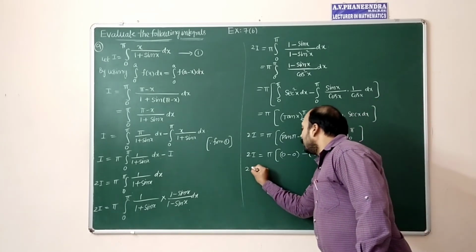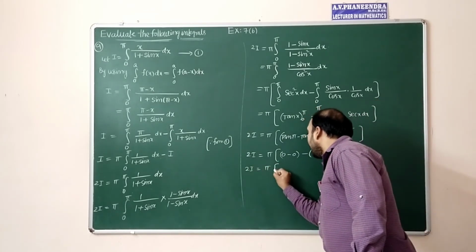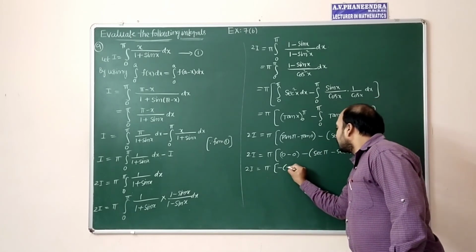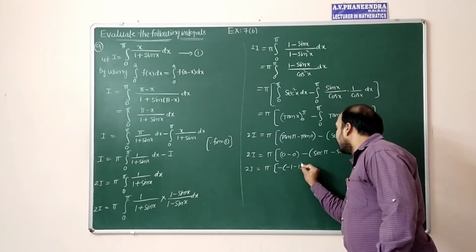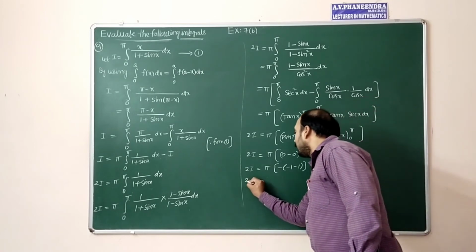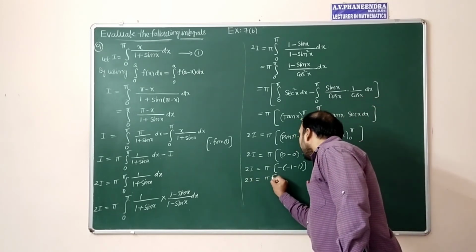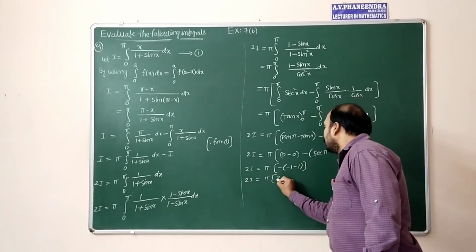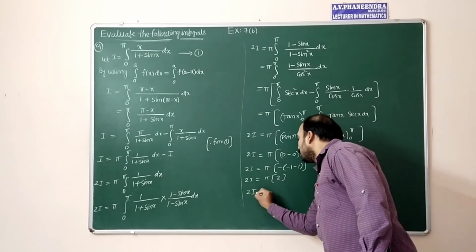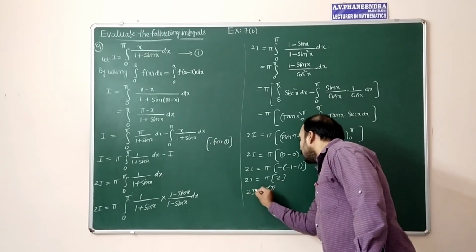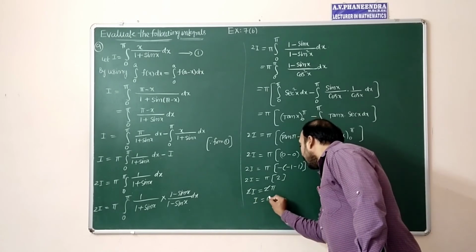So 2I equal to pi into minus of secant pi minus secant 0. So 2I equal to pi into minus is plus 2. So 2I equal to 2 pi, 2 get cancelled, I is equal to pi.